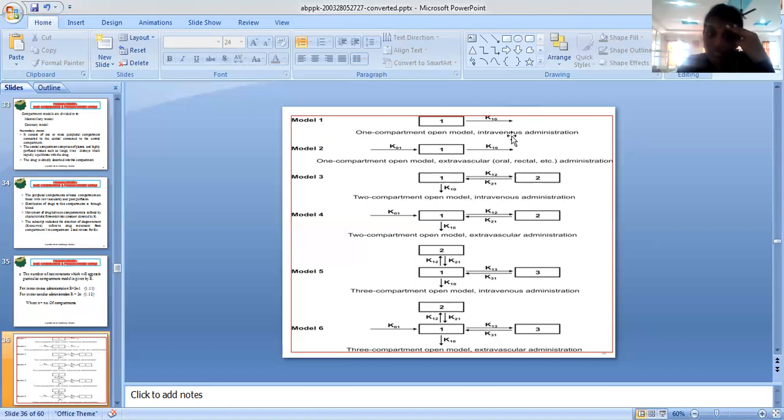Since model 1 is the intravenous administration, the absorption step will be excluded, that's why there is no absorption rate constant.